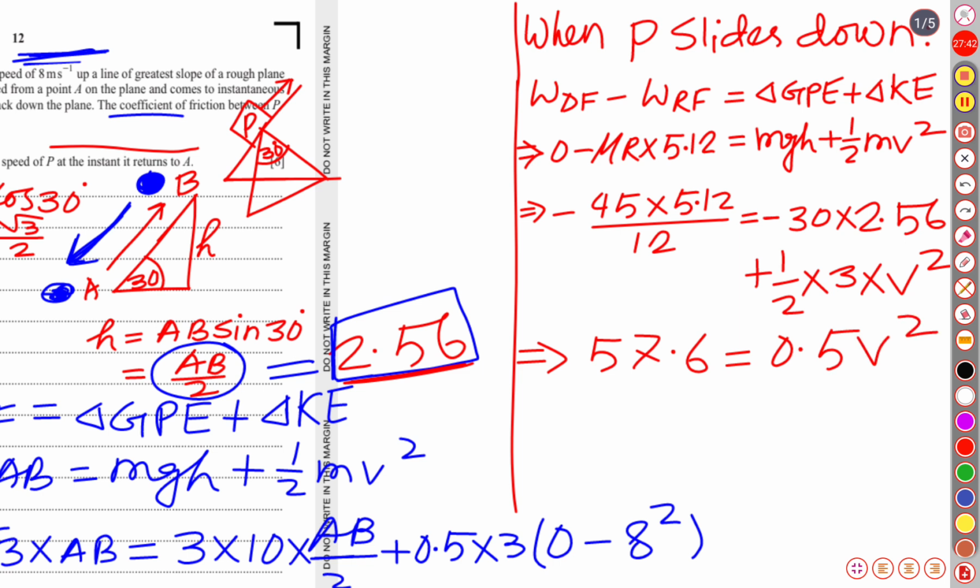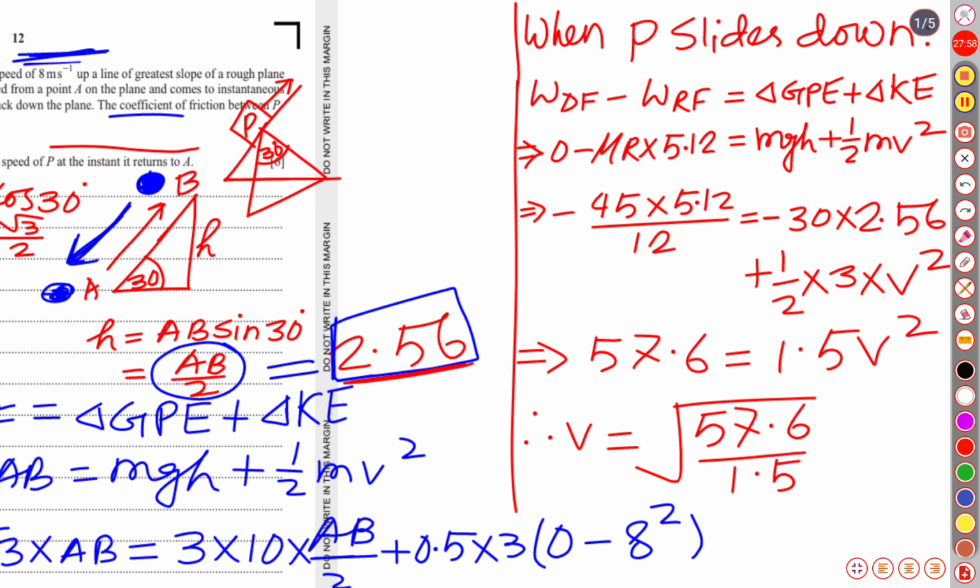So finally our v is going to be the square root of 57.6 over 1.5.